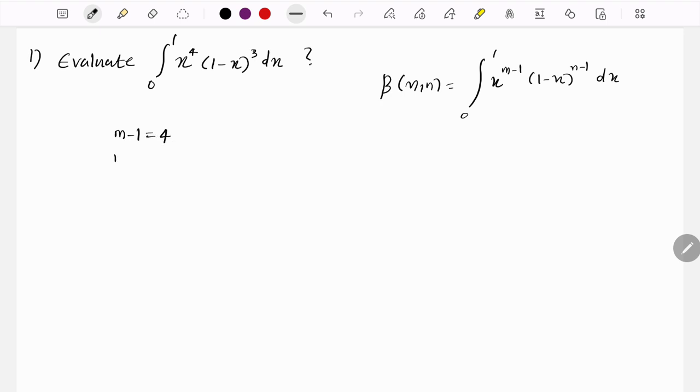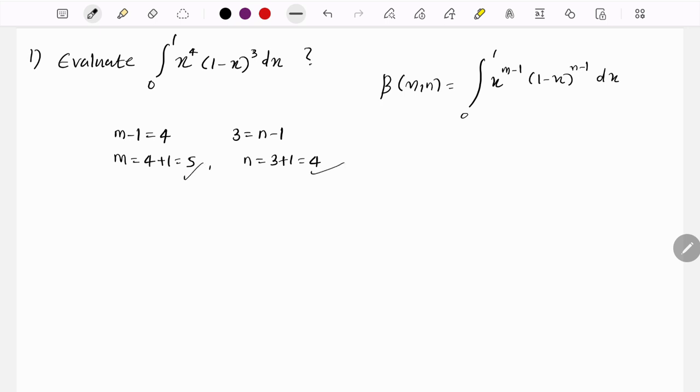So here m equals 4 plus 1, that is 5, and the power of (1 minus x), that is 3, equals n minus 1. So here n equals 3 plus 1, that is 4. Okay, so we got m and n.